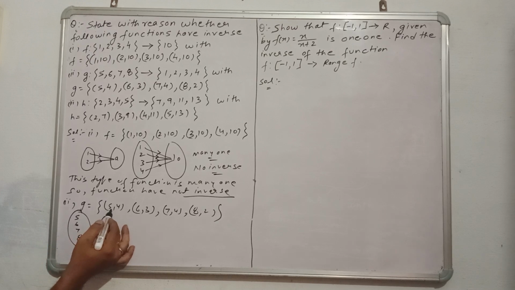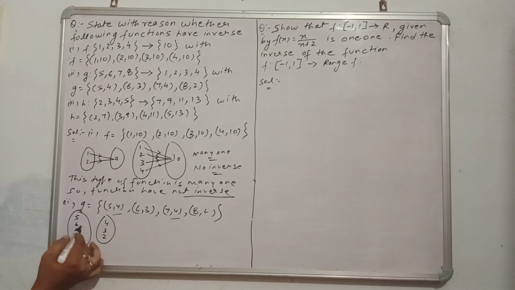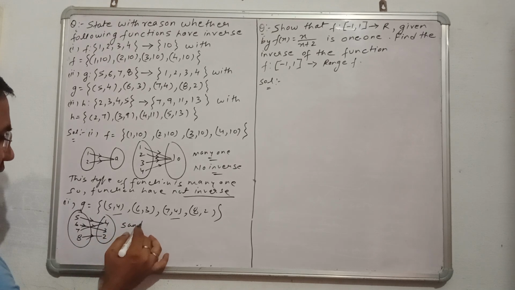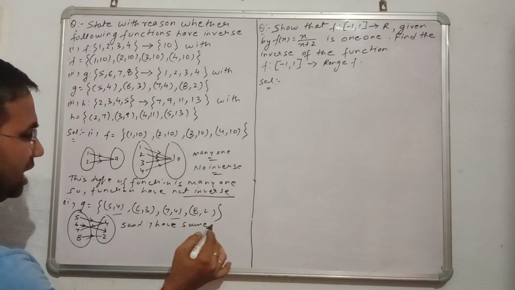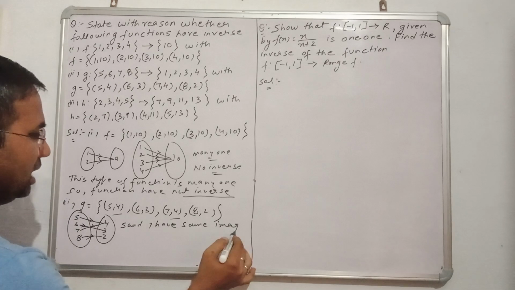So see here, 5 and 7 have the same image, and the remaining have unique images. So 5 and 7 have the same image.